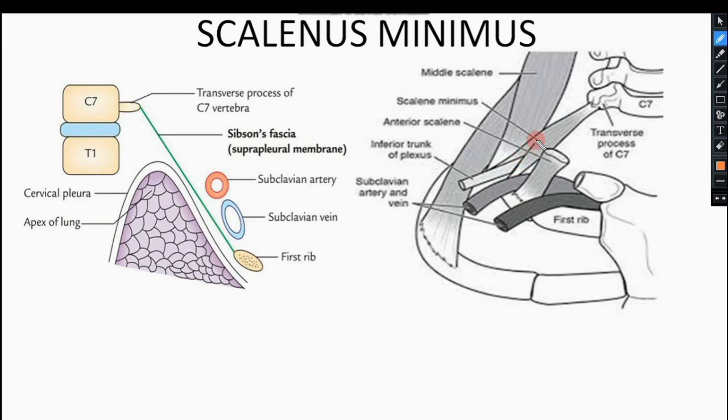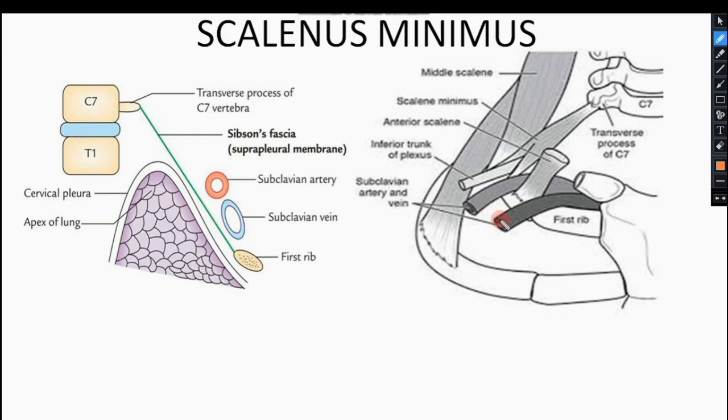Just anterior to this scalenus minimus is the anterior scalene, and posterior to this is the middle scalene. We can see how the fibers are going and attaching at the inner border of the first rib, and here we can see the subclavian artery and the vein.